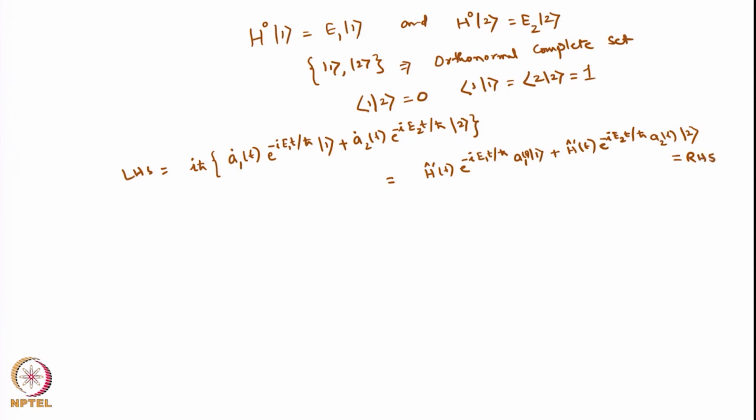Now, we have to equate this and try to see what happens. I am going to do one simple trick, that is I am going to multiply with ψ1 star on the left and integrate. Which simply means that I will carry out the operation ⟨ψ1|.